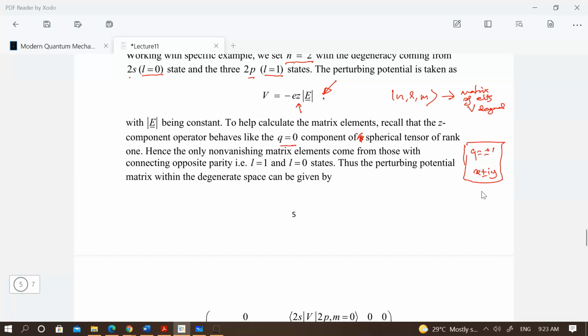So what happens in that particular case? You have some condition, for example, m prime equals q plus m. Here q equals 0, so that means your m prime and m have to be the same. But we have another thing coming in from the fact that Π x Π inverse equals minus x, where Π is your parity operator.